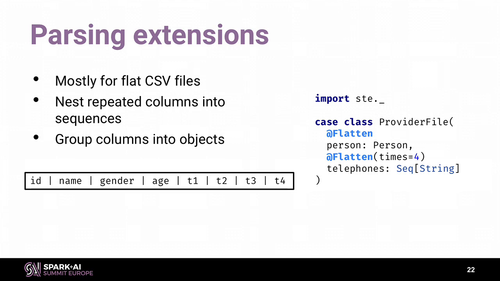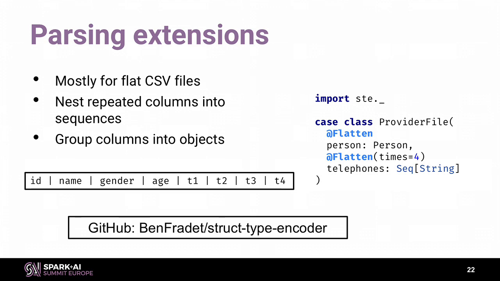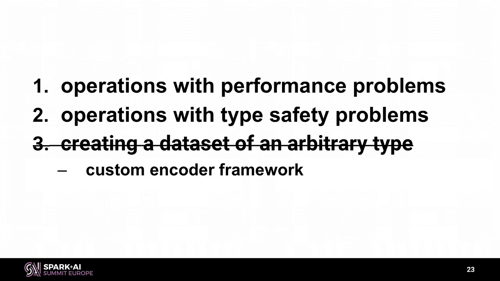You can add this annotation to case classes, and it will try to nest the properties that can be found for that case class. It works for classes and works for sequences. And you can find it in this repository. So that's the first thing.